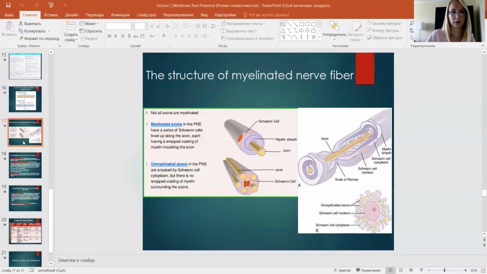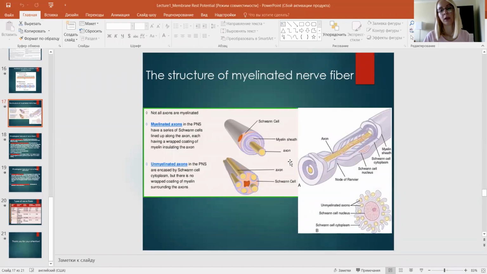So now you have here a picture of two types of nerve fibers, which are myelinated and unmyelinated, or non-myelinated, and they have some differences in the structure, which leads to different mechanisms of conduction of action potential. In case of myelinated nerve fibers, they contain axon and myelin membrane.